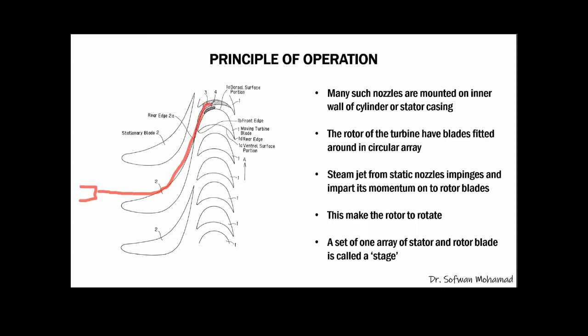So when steam hits the rotor blade, it will cause the blade to move, or to rotate. A set of stationary blade and rotor blade is called a stage. So a set of stator and rotor is called a stage.